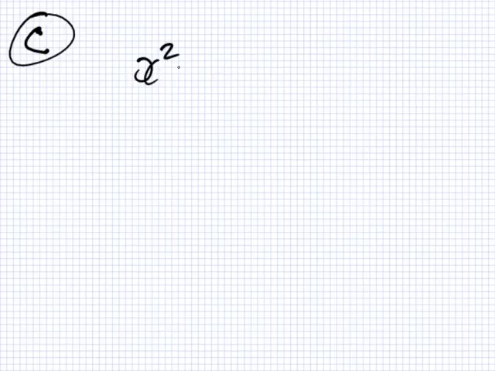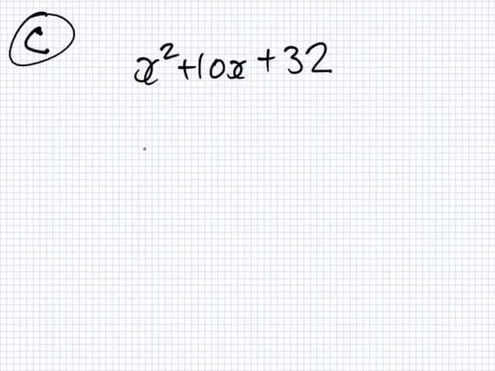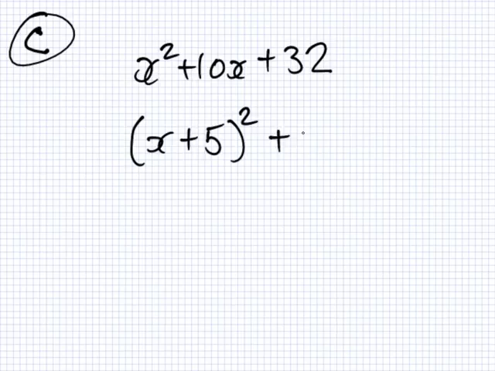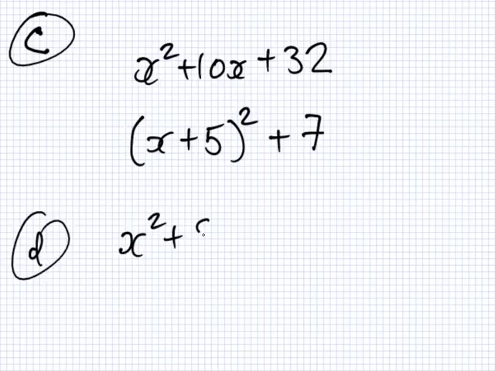Okay, C. x squared plus 10x plus 32. So this should be x plus 5 squared plus 7. Great, okay, and then D is x squared plus 8x plus 17.